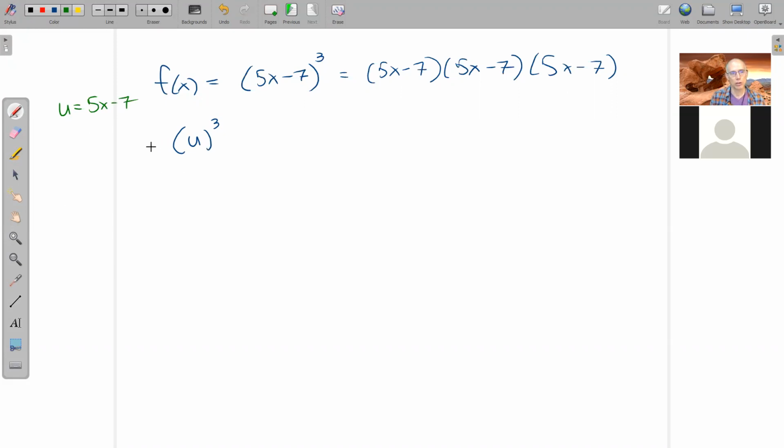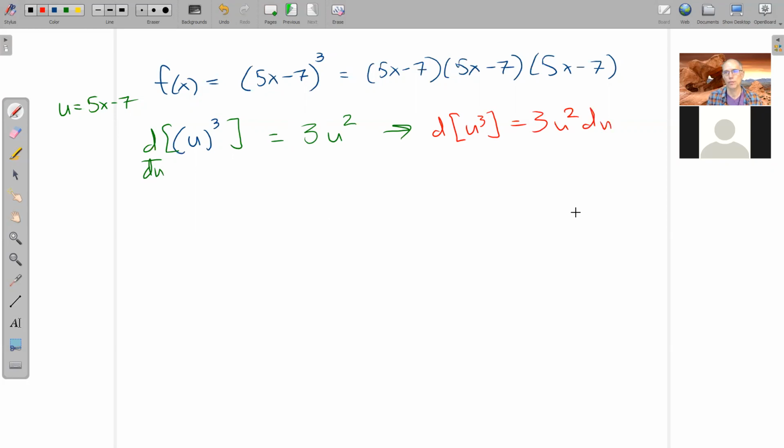And then if I were to take the derivative of this with just u as the variable, well, that's just the power rule, which says that's 3 times u to the power 2. And then we use the differential form of that, which says the derivative of u cubed is 3u squared du.